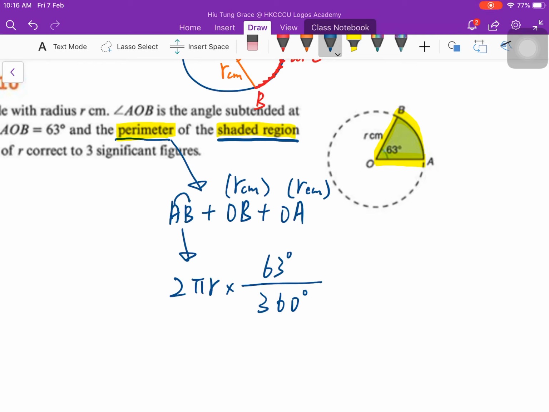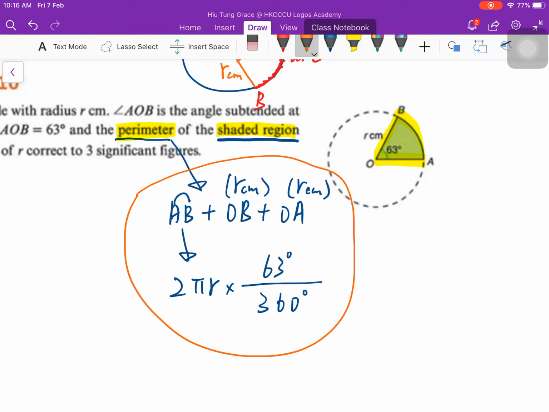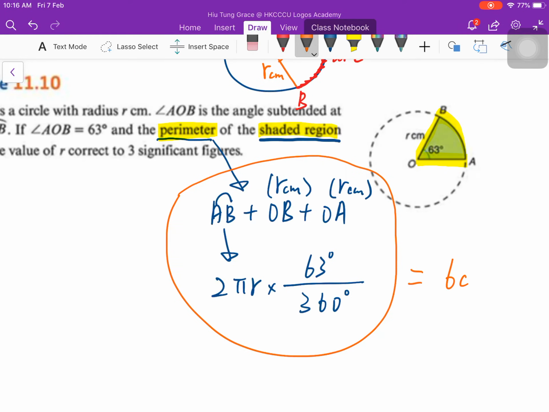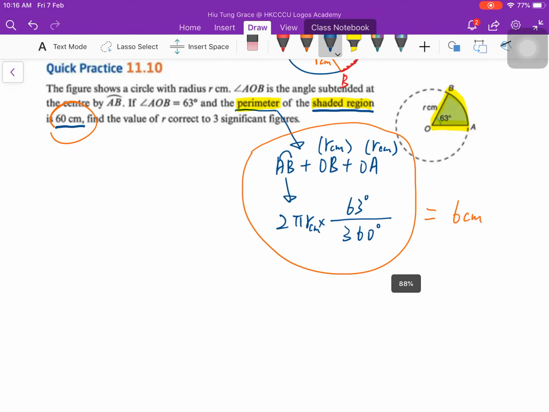So all together, this part is the perimeter, which is 60 cm. Right? So we are going to set up an equation to solve r. Let's get started.